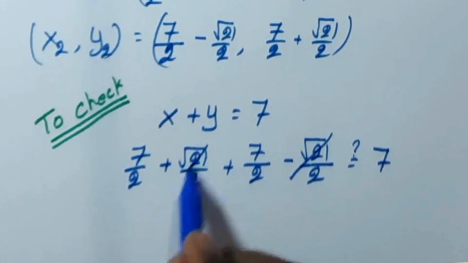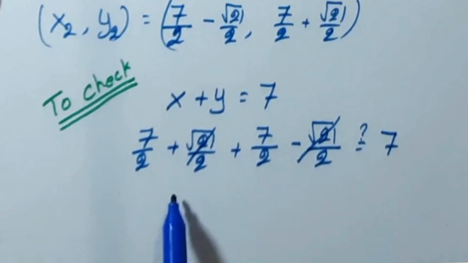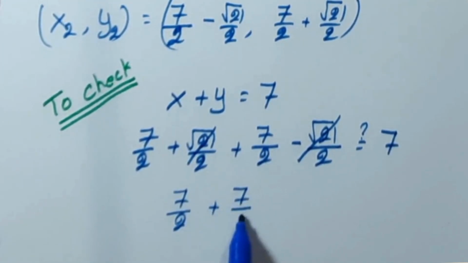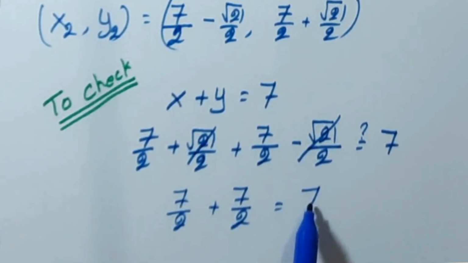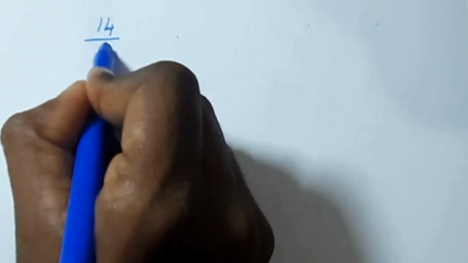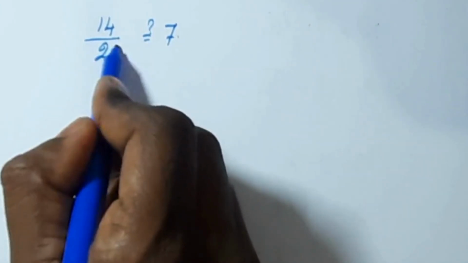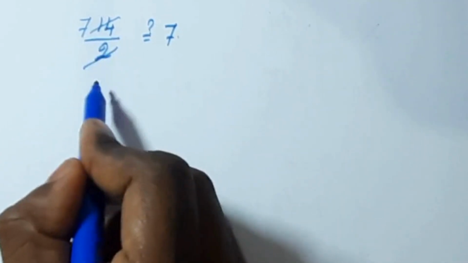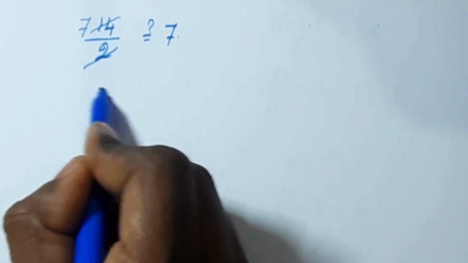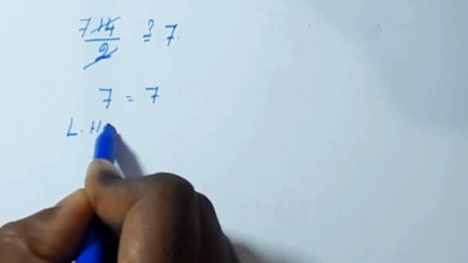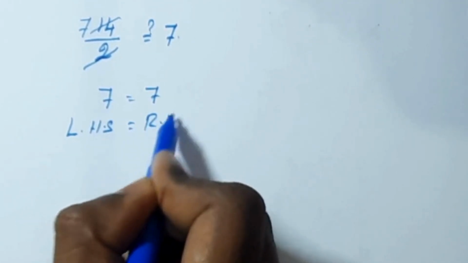This cancels this, so we have 7 by 2 plus 7 by 2 equals 7. 7 plus 7 is 14 by 2 equals 7. Simplifying, 7 equals 7. So LHS equals RHS.